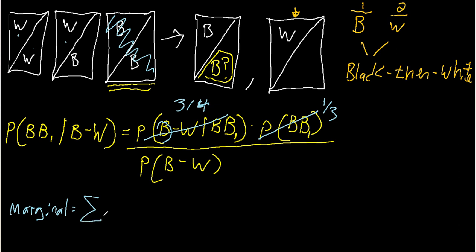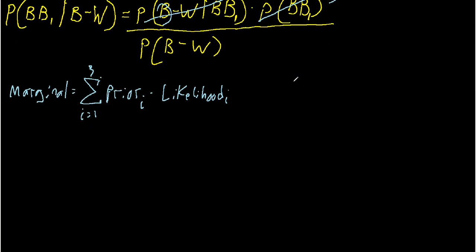We were taking the sum of every possible instance. In this case, there are 3 possible instances, 1, 2, 3 cards, of the prior times the likelihood for each of these. So for every one of these cards, we have to find the prior and the likelihood of this sequence. So let's do that. Let's scroll down.